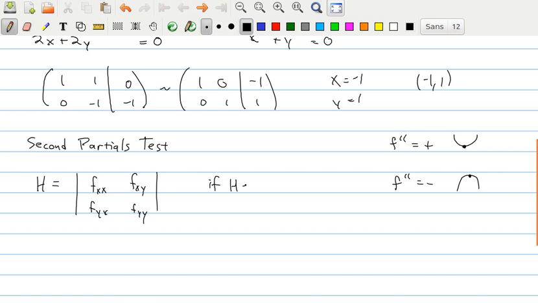If H is positive, then I know that we have an actual maximum or a minimum. If H is negative, that says we have what's called a saddle point. And that means it's not a maximum or minimum. And if H is 0, this test is inconclusive.